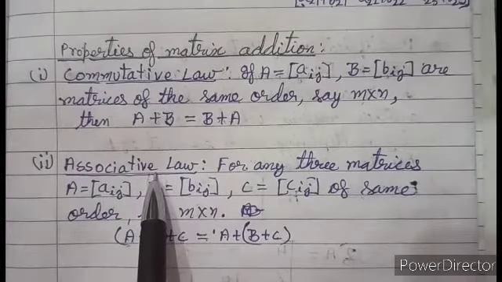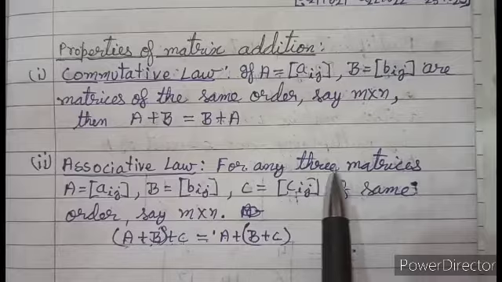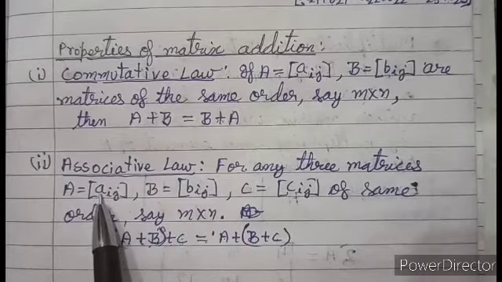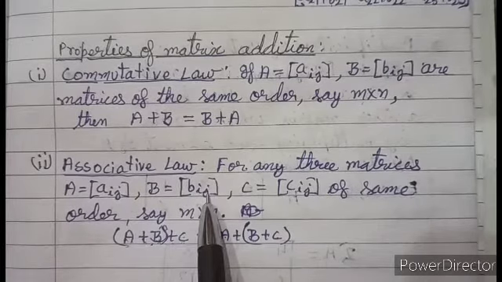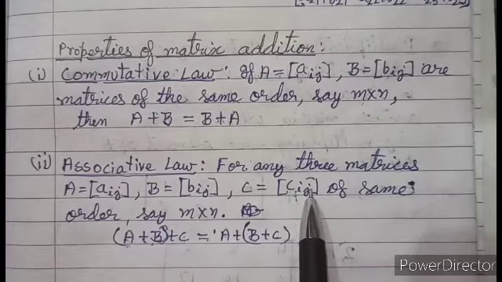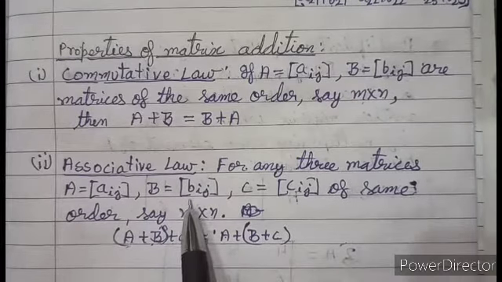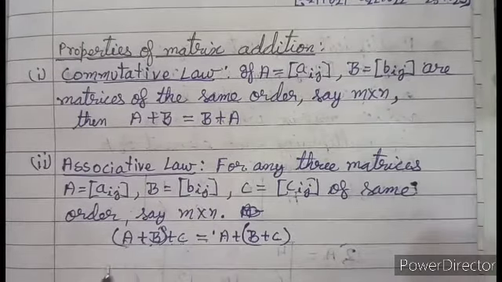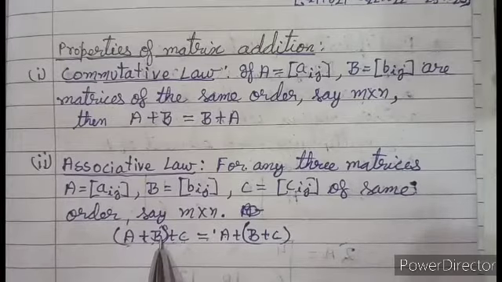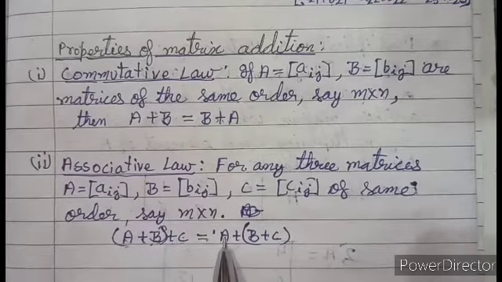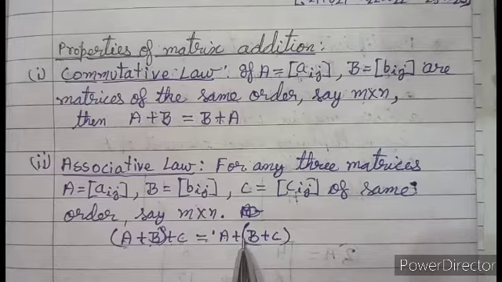The second one is the associative law. For any three matrices A equal to Aij, B equal to Bij and C equal to Cij of the same order m by n, we can say that (A plus B) plus C will be equal to A plus (B plus C).